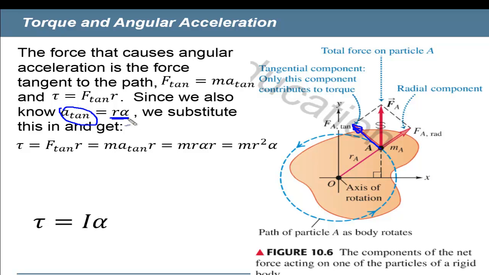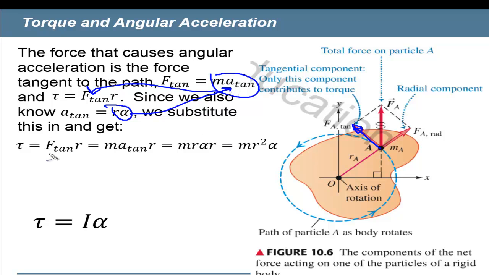So just making these substitutions, we can actually solve for the torque in terms of moment of inertia and alpha as well. So substituting M A tangent in for F tangent, and we'll substitute R alpha in for A tangent. Lots of substitutions here.